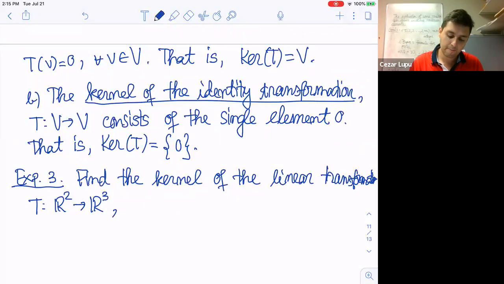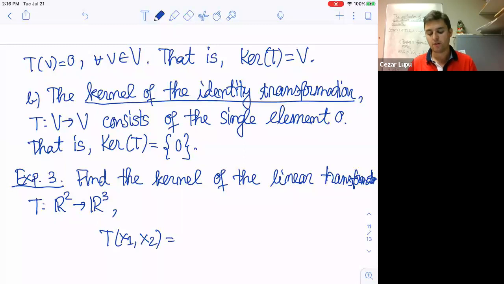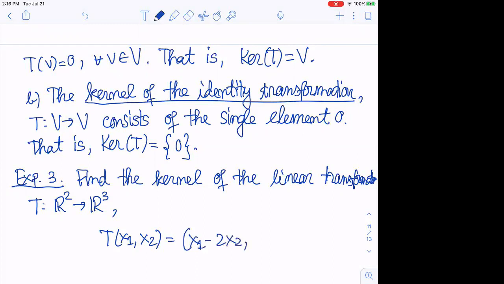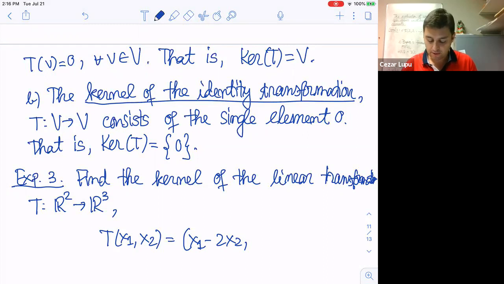This T is given by T of x1, x2. As you can see, the domain is in R2. This is x1 minus 2x2, and I have to consider a vector in R3. So the first component will be x1 minus 2x2, the second one is 0, and the third one will be negative x1. Okay. So I have to find the kernel of this, right?